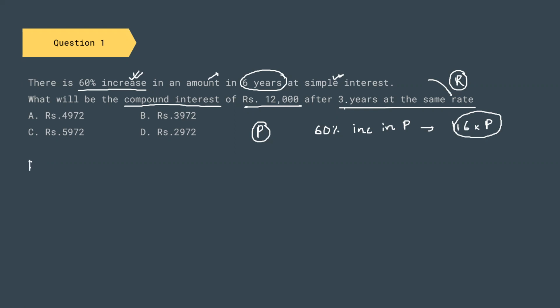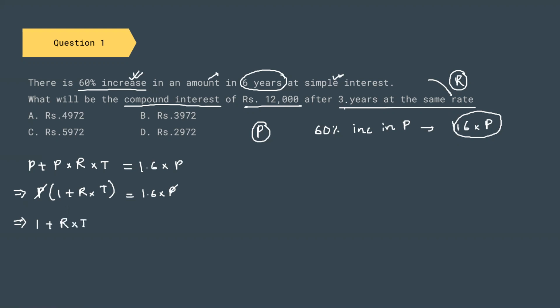According to this question, principal plus principal into rate of interest into time, which is the formula for simple interest, is equal to 1.6 of P. We can take P common from the left hand side, so we write P(1 + R into T) equal to 1.6 into P. We can cancel P from both sides and we get 1 + RT equal to 1.6, that is R into T equal to 0.6.